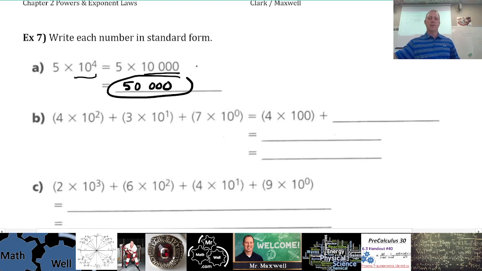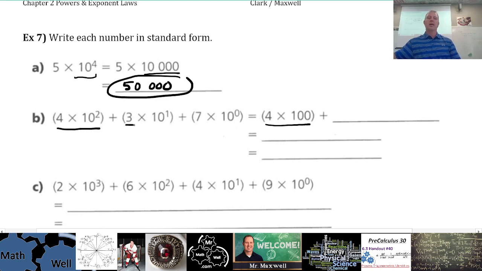Now, we get into something a bit more complicated. In this form here, we are adding different numbers, and this is going to come to one standard form number. So what we have here is 4 times 10 squared, which is given to you as 4 times 100.